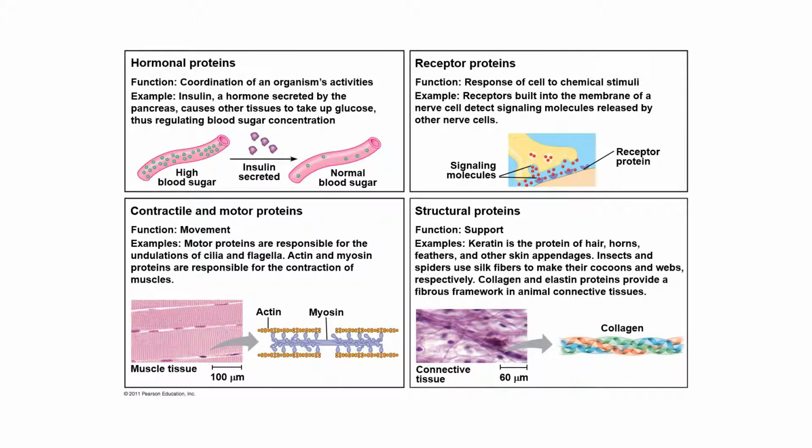You have proteins that function as hormones, so insulin, which helps regulate the level of blood sugar. You have proteins that function as receptors, proteins that stick out on the surface of the cell and bind to chemical messengers, signaling molecules. Here you're shown an axon at the very end of a nerve ending.